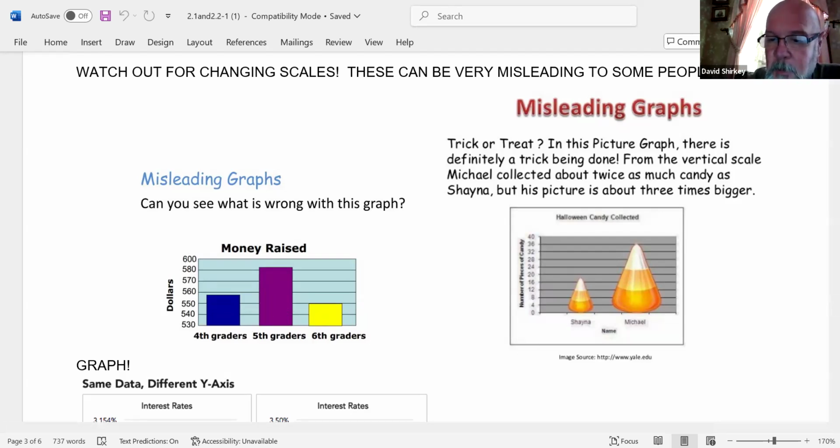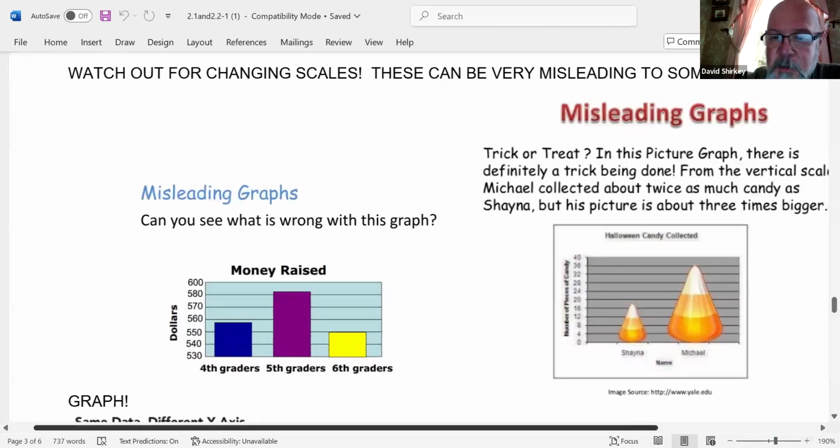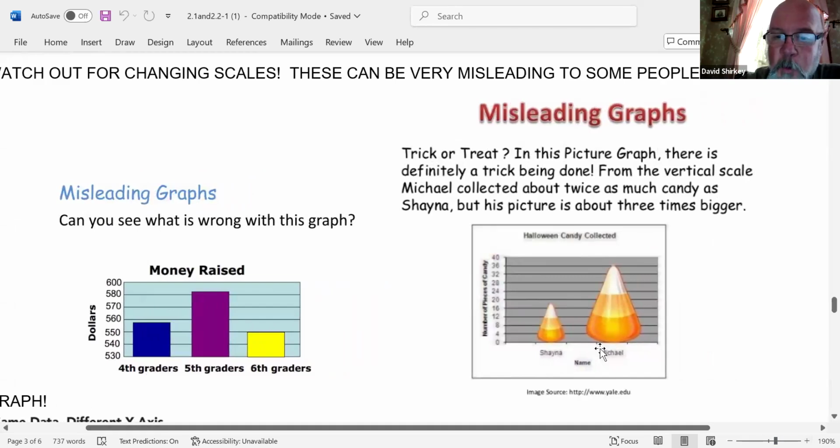Here's another one. Here's a picture graph where they use some kind of an object, in this case, Halloween candy collected. But if you look at this, it looks like Michael, because you need to concentrate on the vertical, not on the entire size of the candy corn.